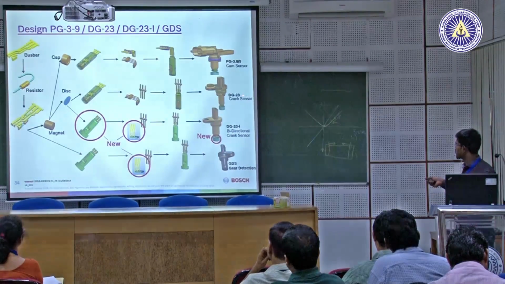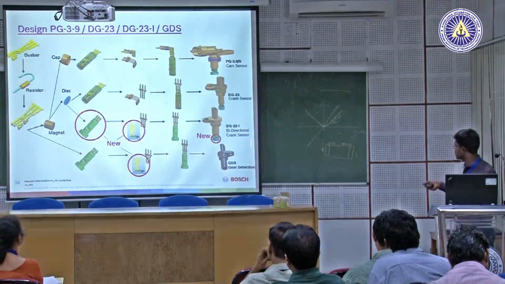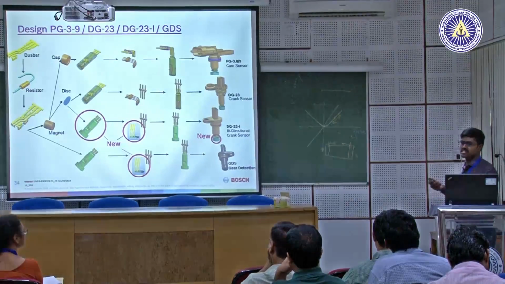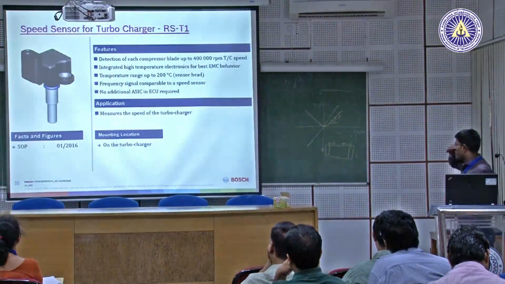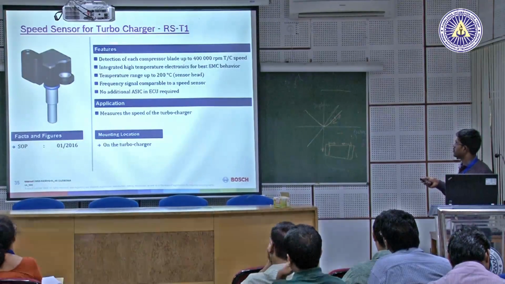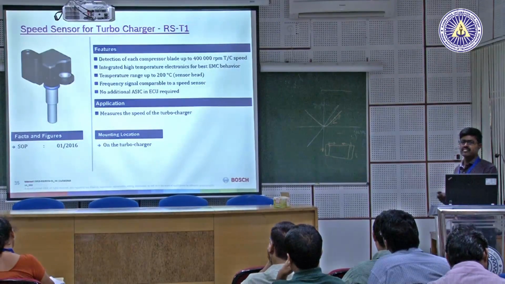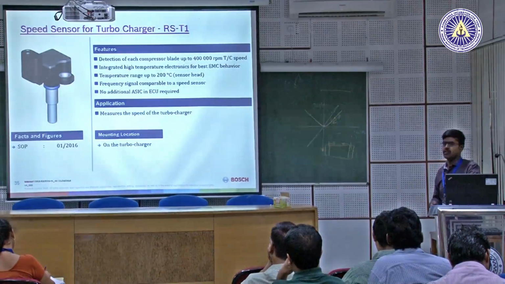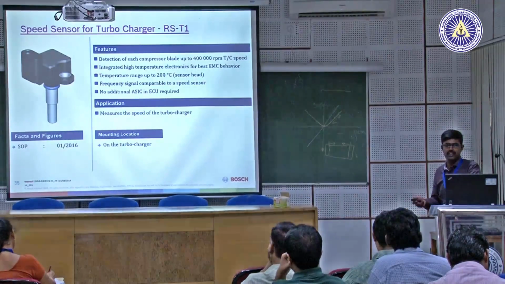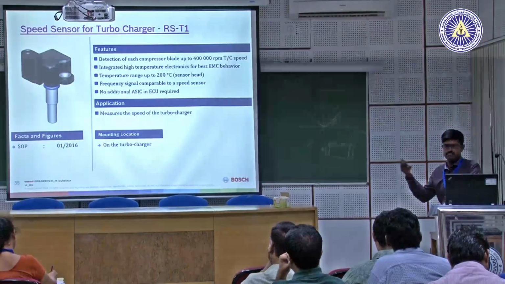These are all types of sensors, position sensors or speed sensors. Then we have one more sensor called the speed sensor for the turbocharger. To increase the power of the engine, some manufacturers use turbochargers.